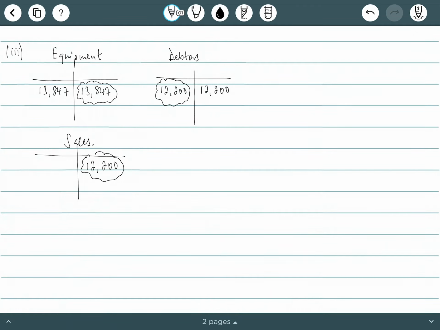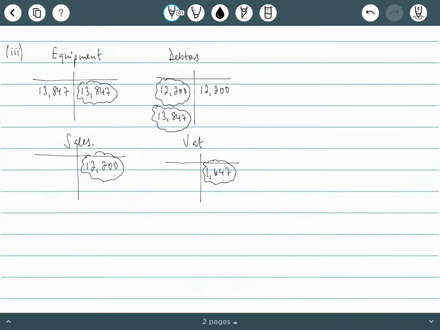With that, VAT also went with it, and the VAT figure is 1,647 euro. And that means it was sold on credit, so we sold it to a debtor. So the total value of that sale was 13,847, and that is a debit entry into the debtors because it's increasing your asset.